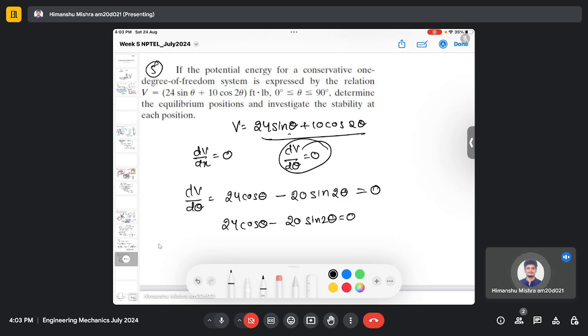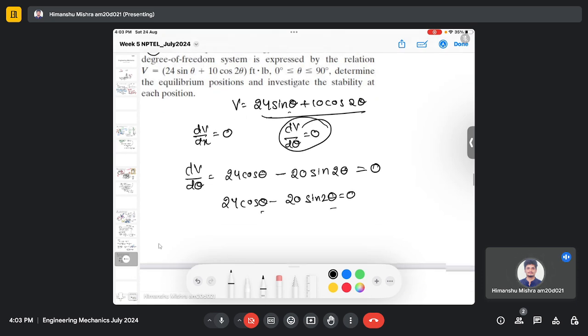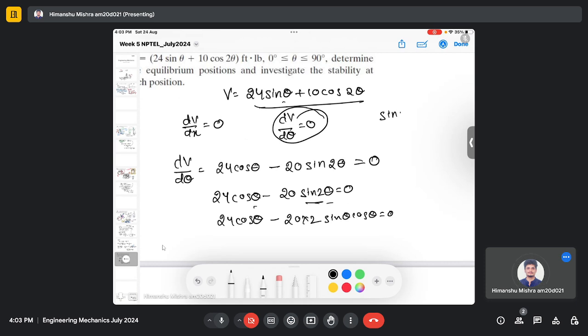In order to find the equilibrium position theta, we expand this expression and write 24 cos theta minus 40 sin theta cos theta equal to 0. We have used the trigonometric identity where sin 2 theta equals 2 sin theta cos theta. Then we take cos theta common, so it will be cos theta times (24 minus 40 sin theta) equal to 0.